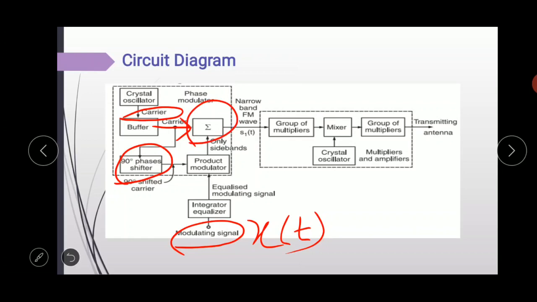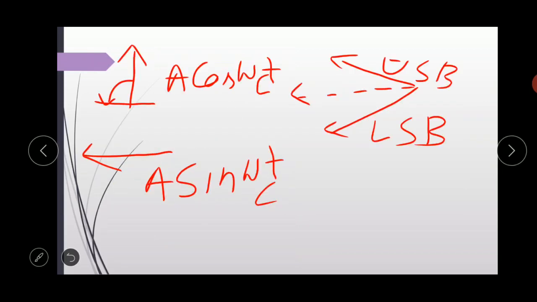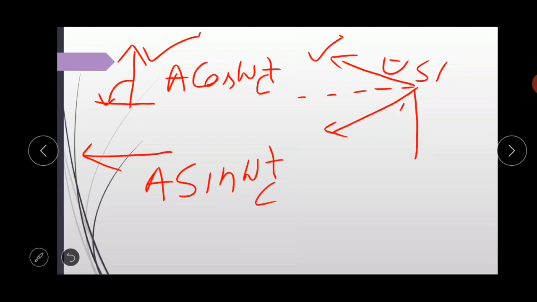At the output of the combining network, we get the resultant of vector addition of the carrier and two sidebands. Here we apply this one and this one to the combining network. When combined, it looks like this.